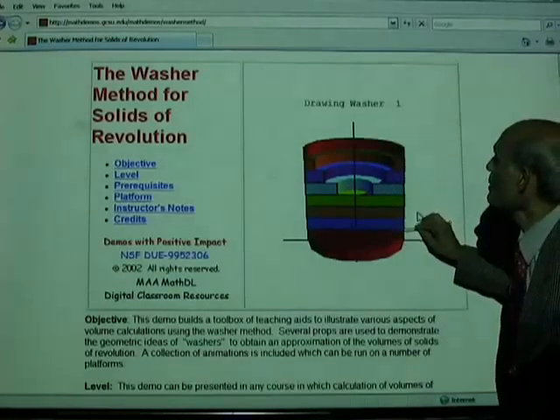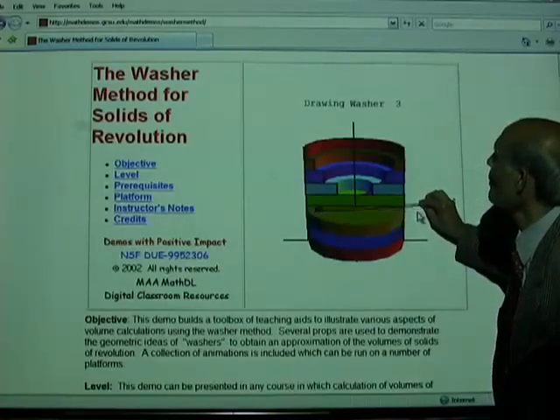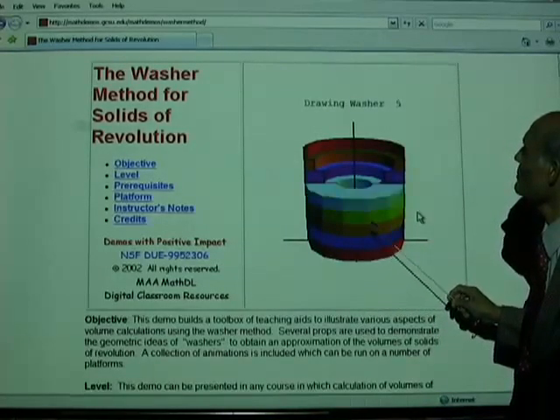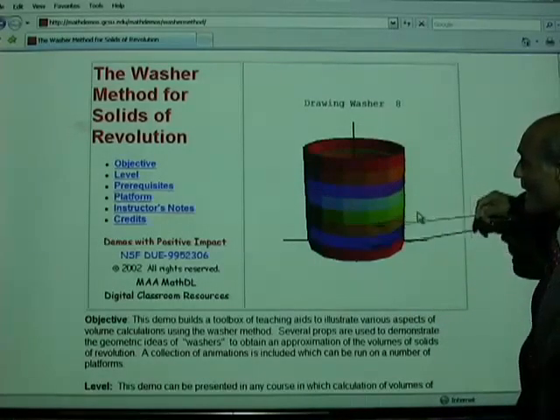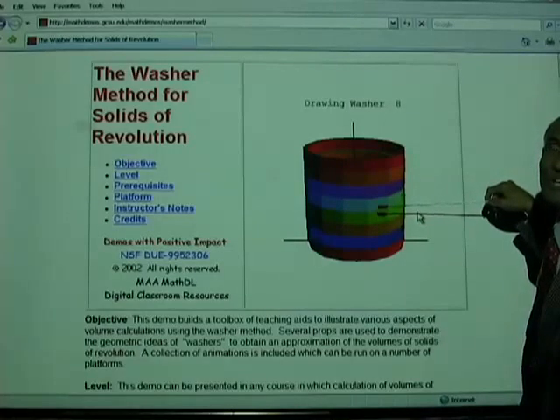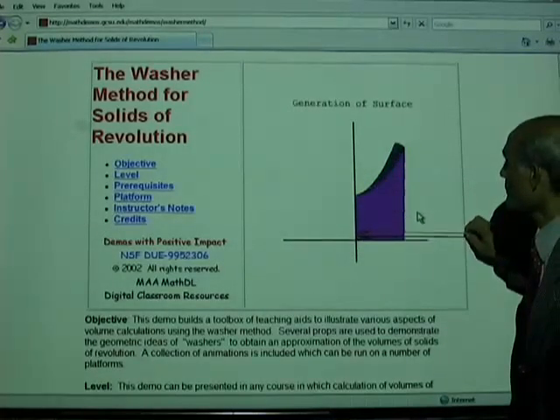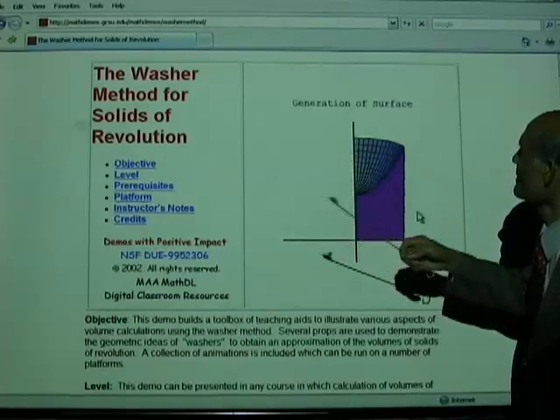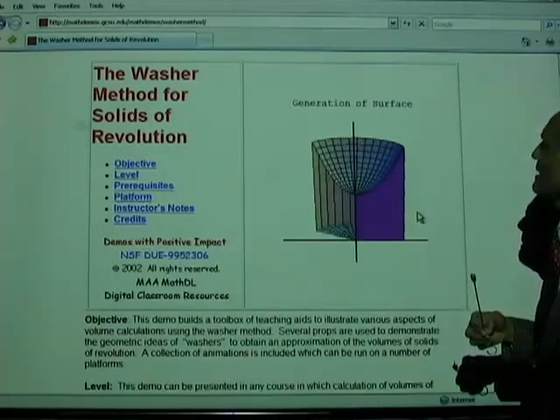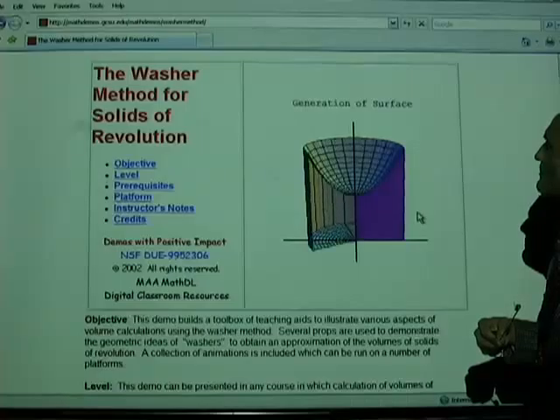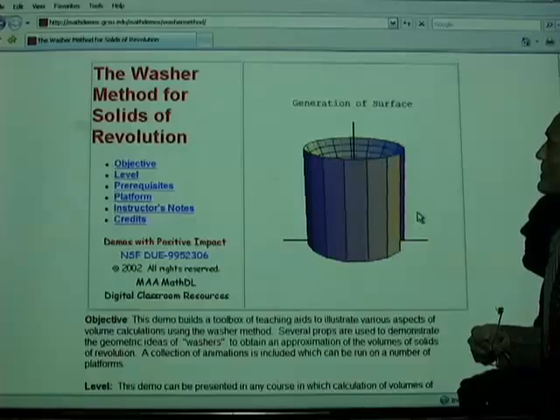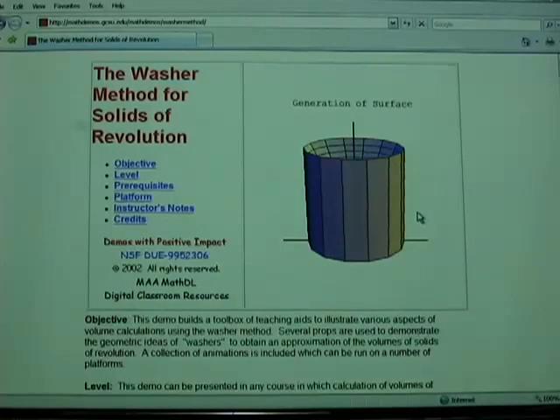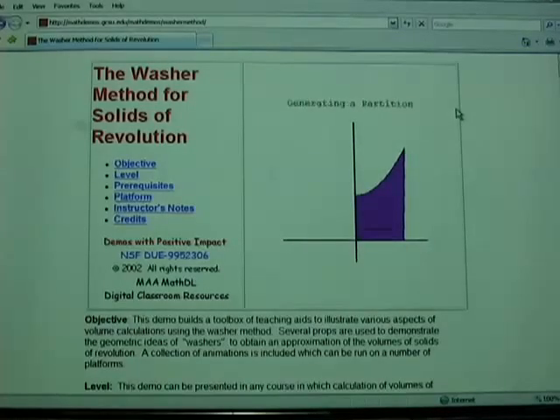And the total volume is obtained by adding all these dVs. So we found the volume generated on the other side, and now the complete volume is generated. So that's right. Now this is a beautiful animation. Alright, I would like you to access this web page and look at more of these animations.